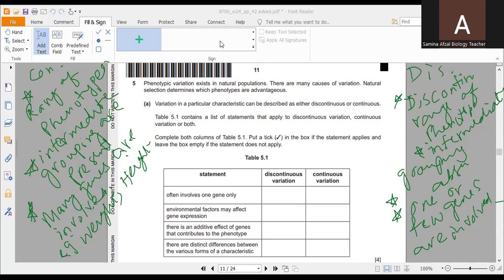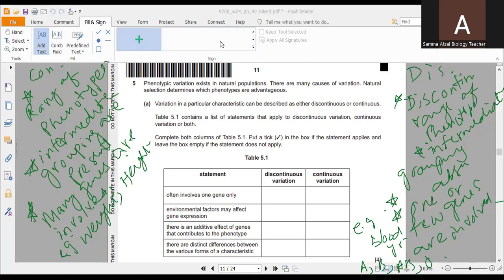Whereas in discontinuous variations, we can give the example of blood groups: A, B, AB and O. There is no other type of blood group available. Only a limited four types of blood groups are available.